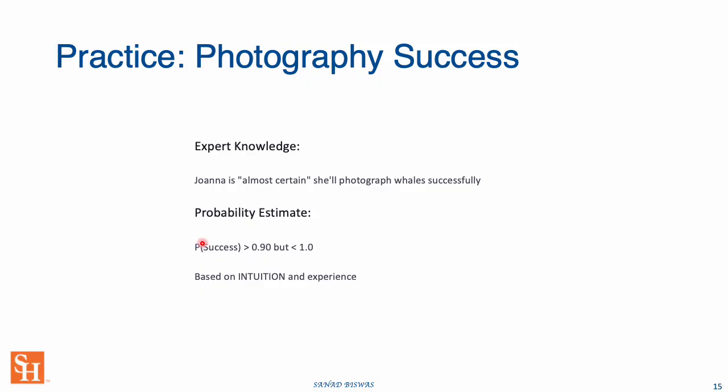So the probability that she will successfully photograph them is probably greater than 0.90 and less than 1, because she is almost certain but not 100% sure, right? So what she's claiming is based on just her intuition.